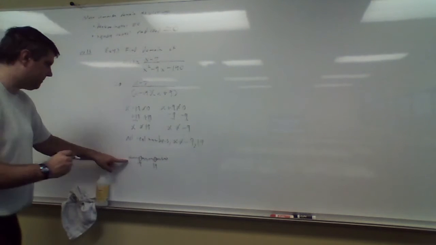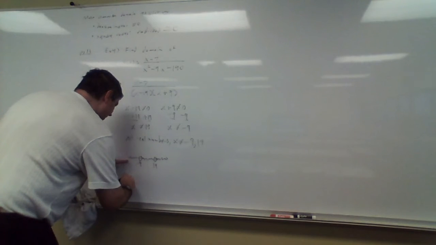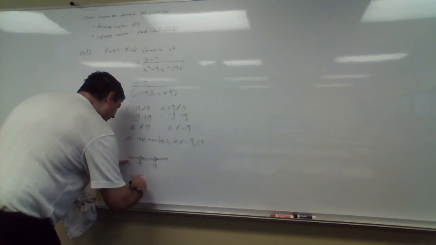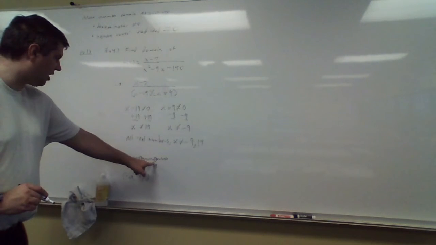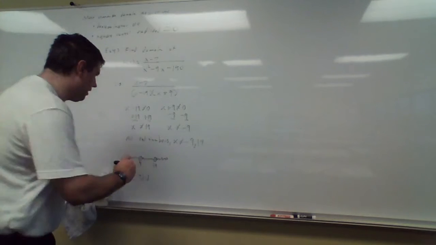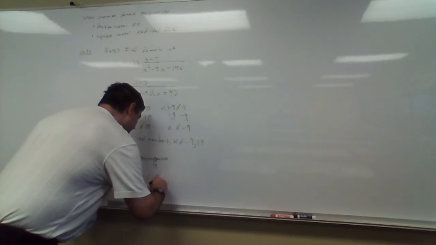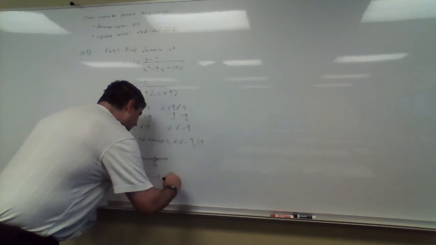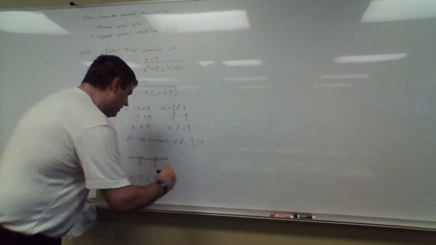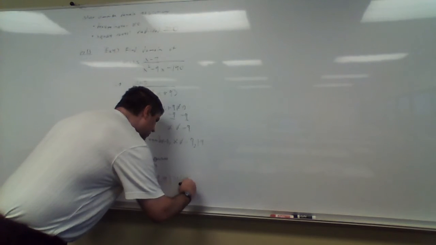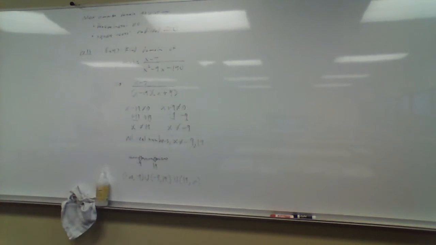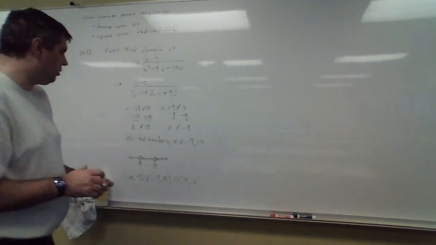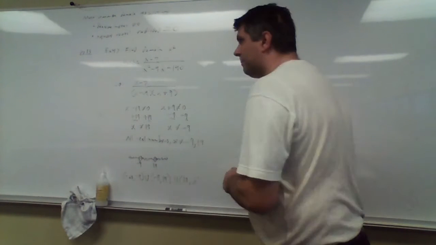So this interval would be described as negative infinity up to negative 9 non-inclusive. This would be described as negative 9 to 19 non-inclusive. And this would be described as 19 to infinity non-inclusive. That is what we will have to do to avoid these two numbers.